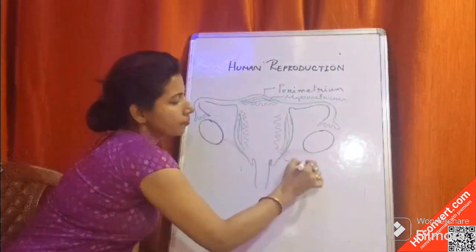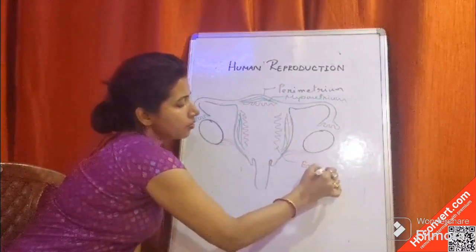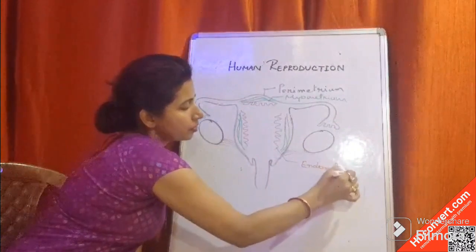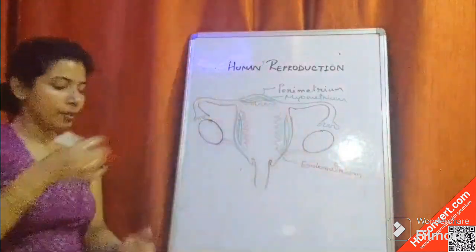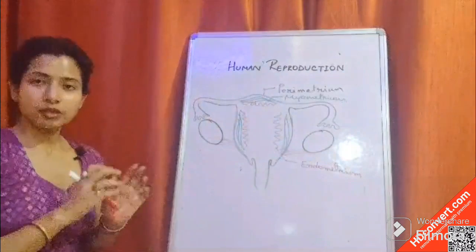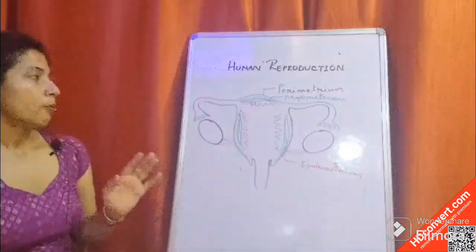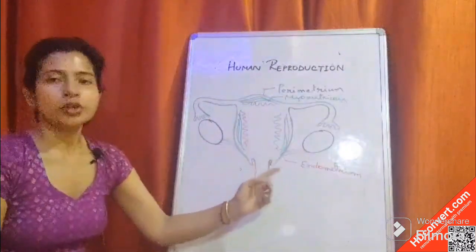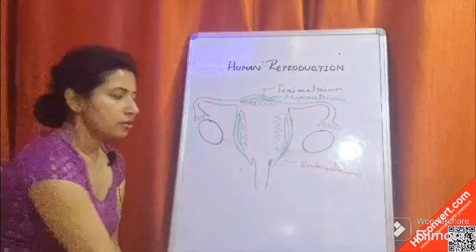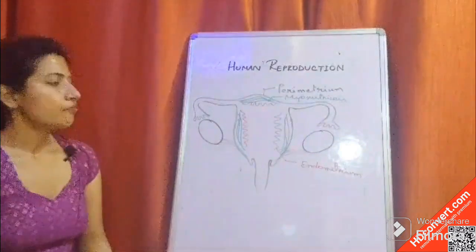It is called endometrium. Perimetrium and myometrium remain the same throughout life, but this endometrium sheds periodically. We will see it during the menstrual cycle.